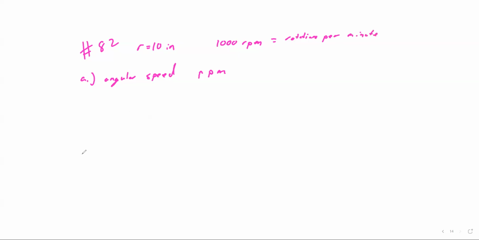And then on part B, it wants us to find the linear speed of the tooth in feet per second. Okay, so there's a little bit of conversion here.